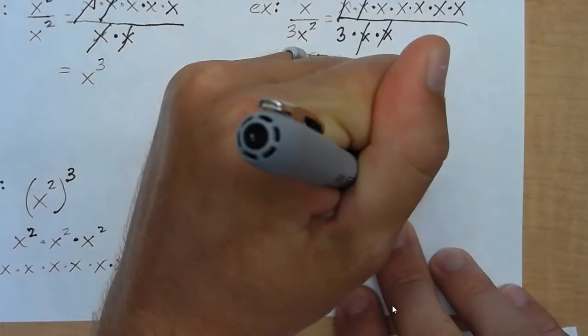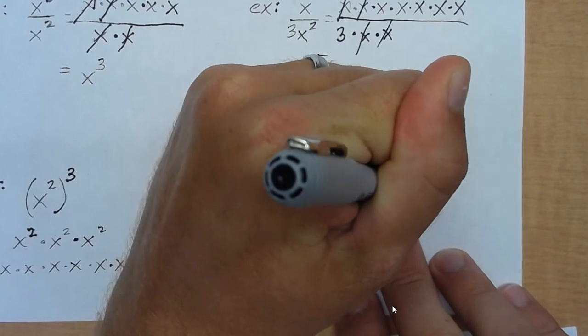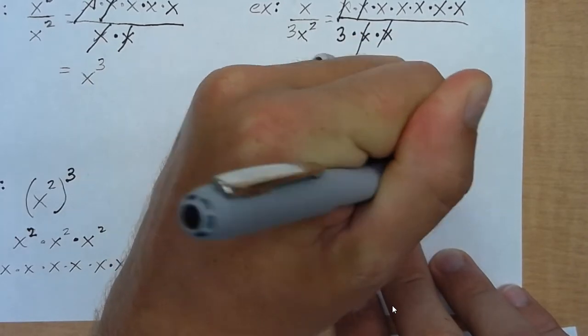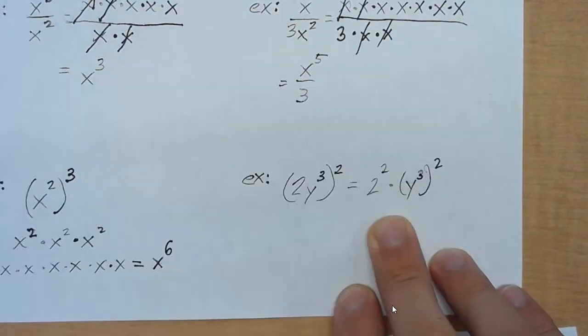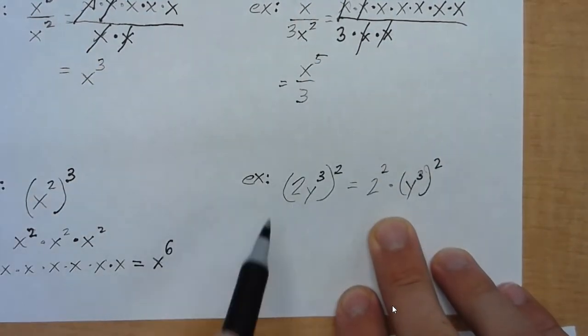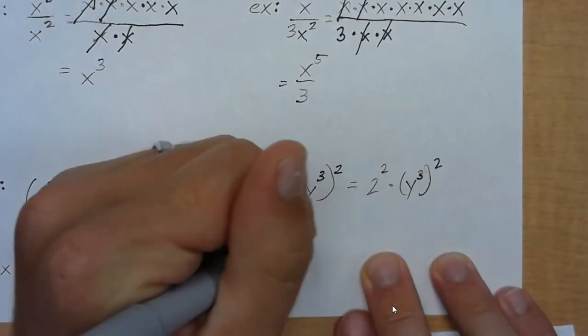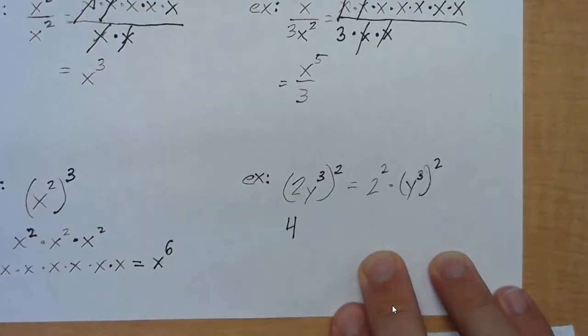So that's going to be 2 squared times, well, still y cubed squared. So make sure that the coefficient gets the exponent as well if it's included in the parentheses. So that's going to be 2 squared is 4, y cubed squared.